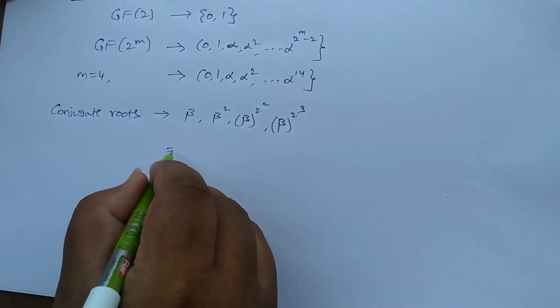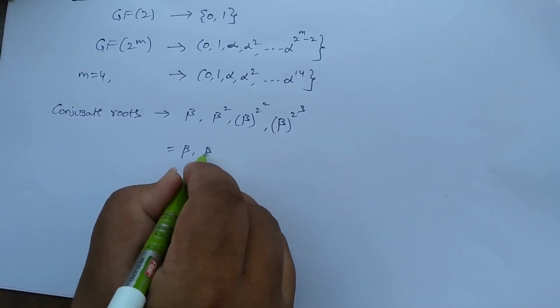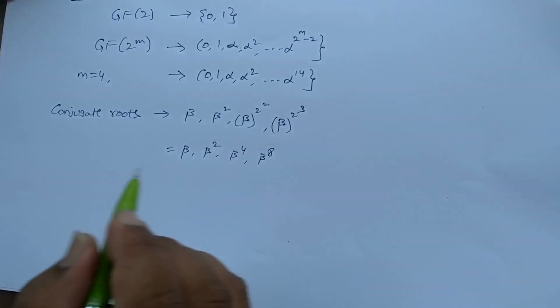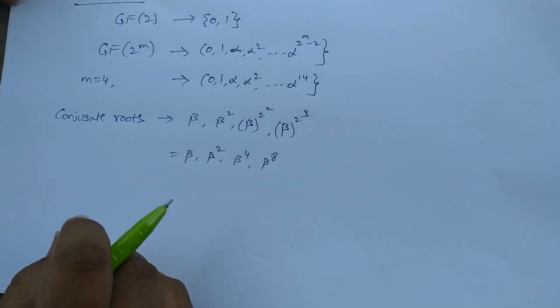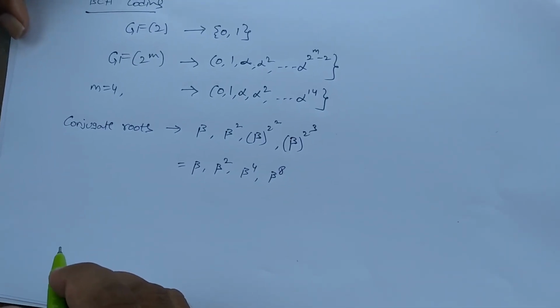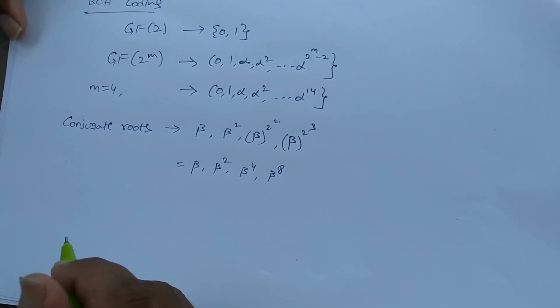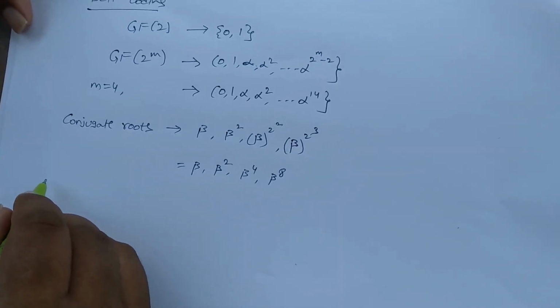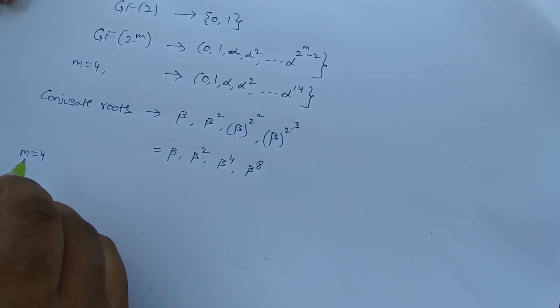So simply, I will write the same thing as beta square, beta power 4, beta power 8, like that. Here for m is equal to 4, we have to find the minimum polynomials for different primitive elements.